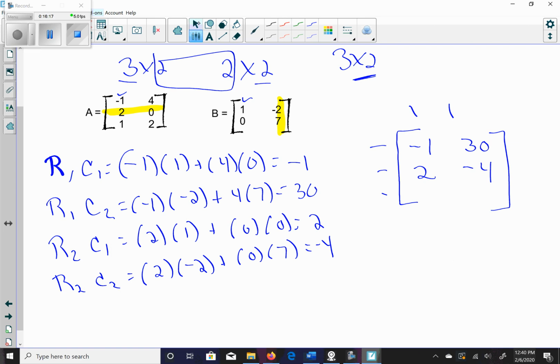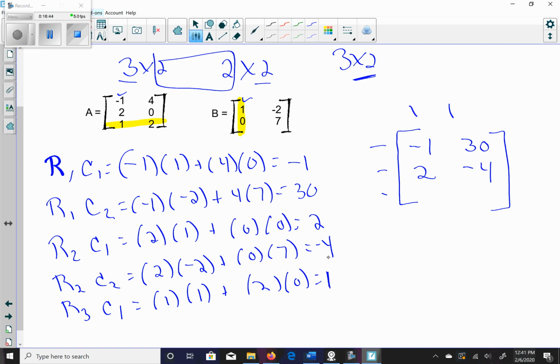So now I'm going to adjust my highlighted areas, and I am going to want to do row 3, and I'm going to start with column 1. So when I do that, row 3 times column 1 is going to equal 1 times 1 plus 2 times 0. So 1 plus 0 will be 1.